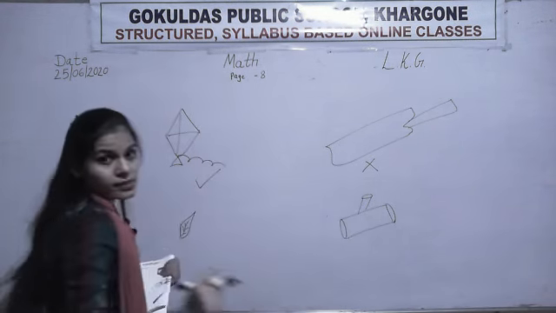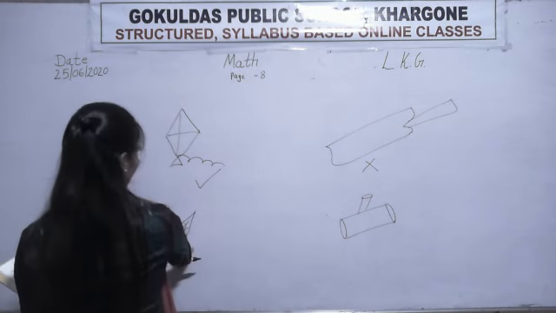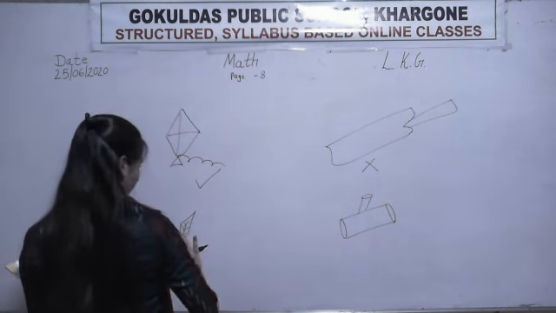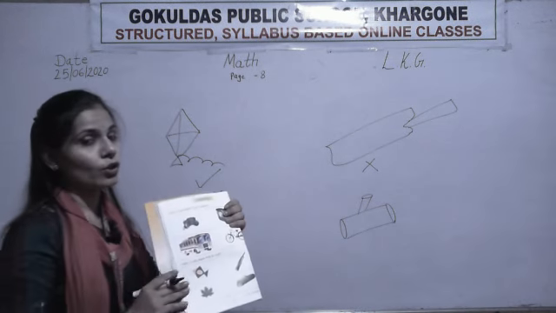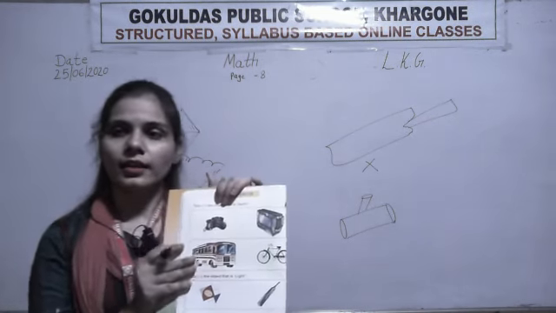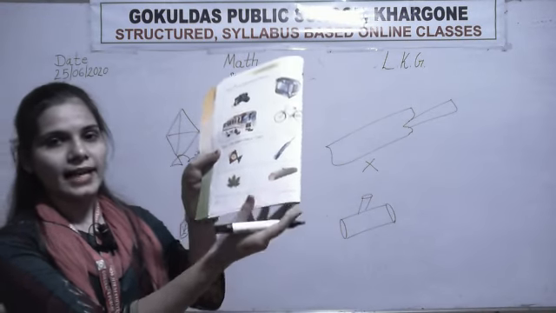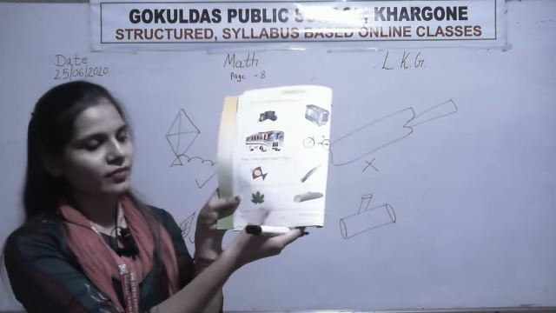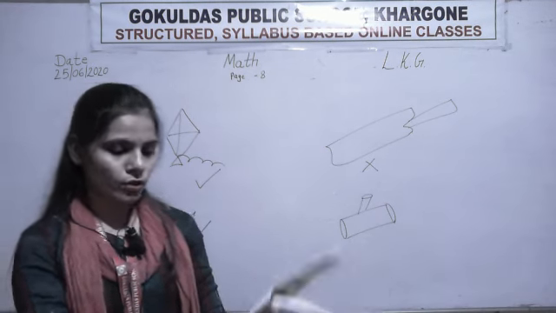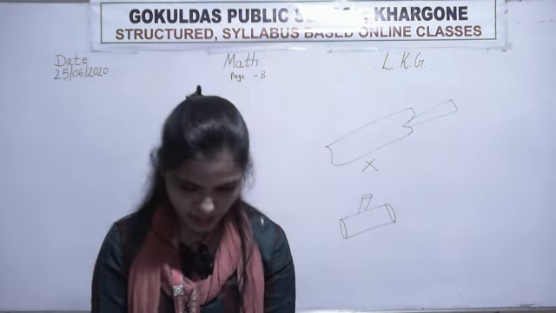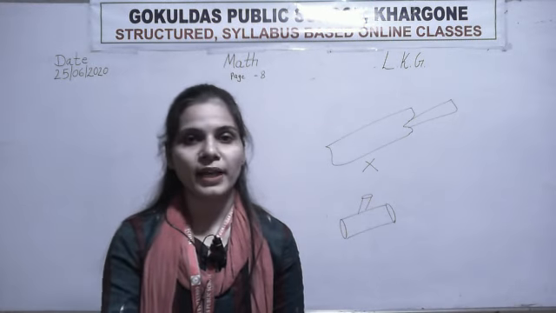The log is very heavy and the leaf is light in weight. So tick the light one because the question is tick the light one. So leaf is light in weight and the log is heavy in weight. So this question is over. Page number 8. Now take out page number 9.